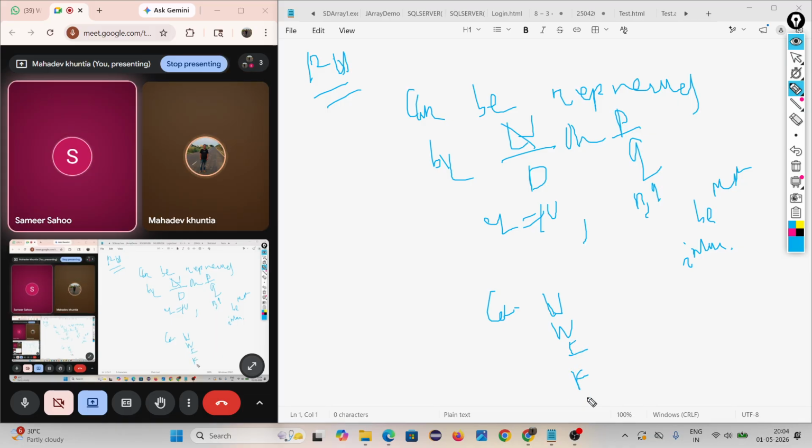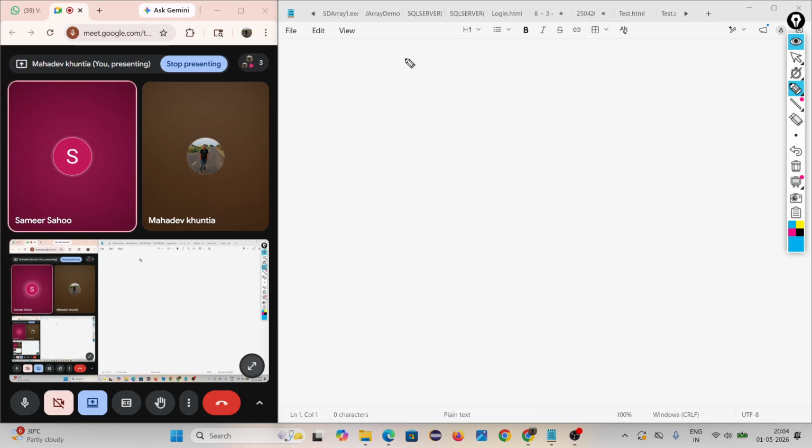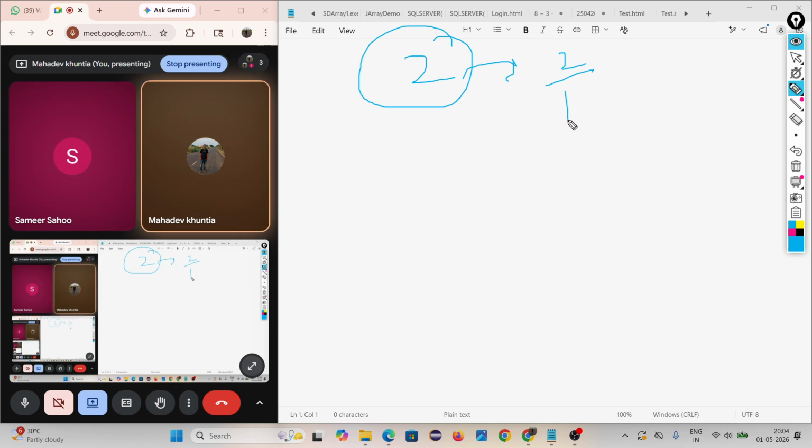All natural numbers, whole numbers, integers and fractions are examples of rational numbers. How is 2 a rational number? I can write 2 equal to 2 upon 1, then apply all the 3 rules.